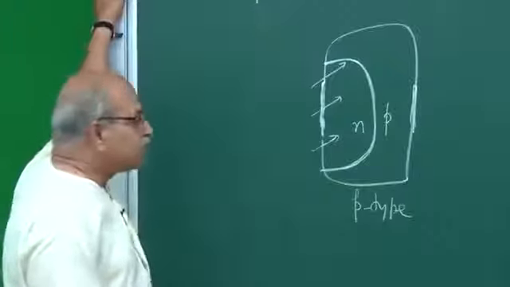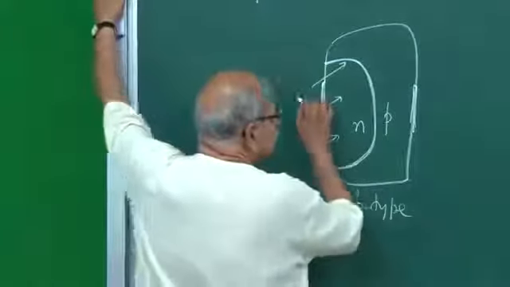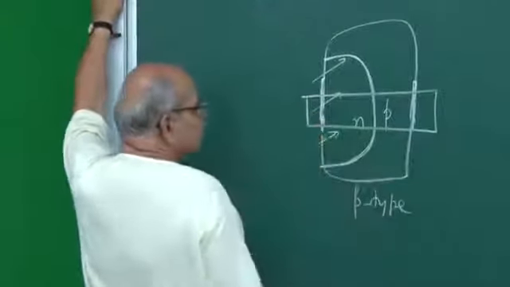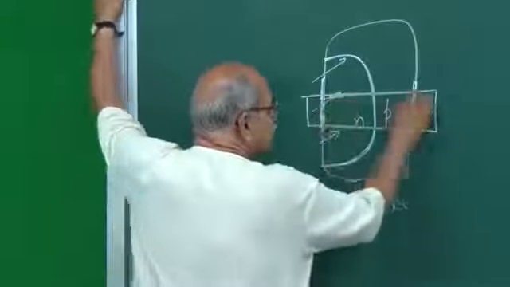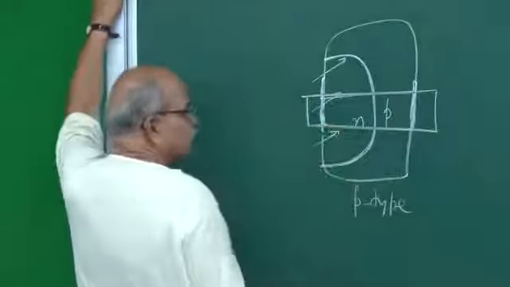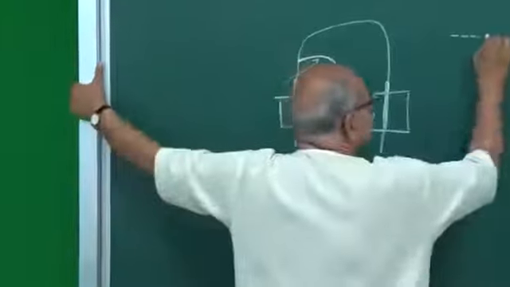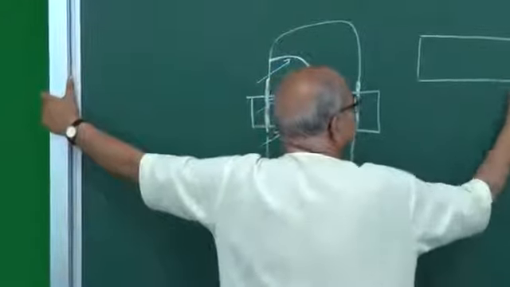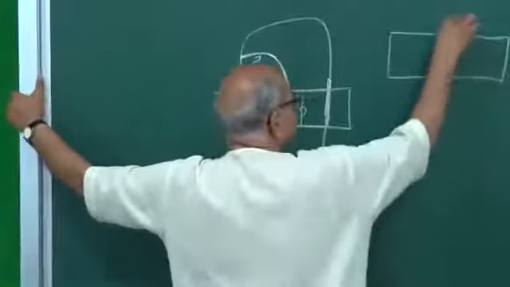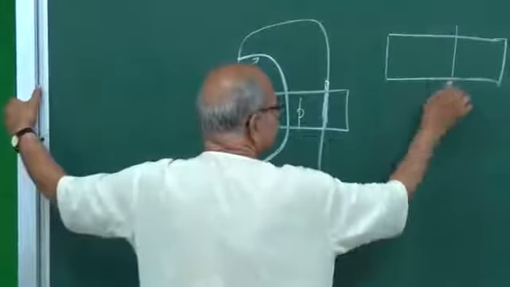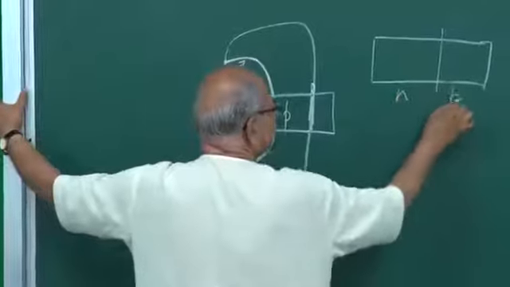So, for our discussion, I will be drawing this part of the system. I will show it in the diagram many times, maybe 20 times, a p-n junction as a rectangle like this, and then a line in between, and then one side is n side, one side is p side, like that.